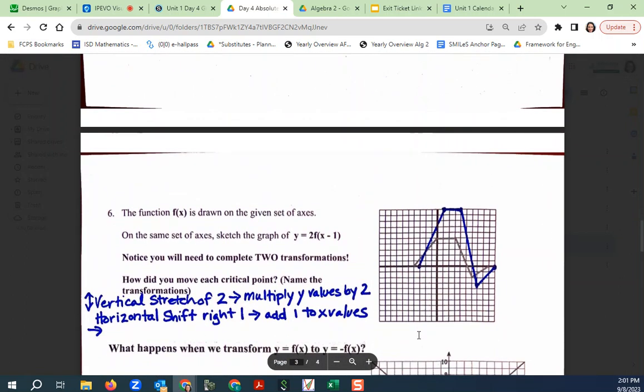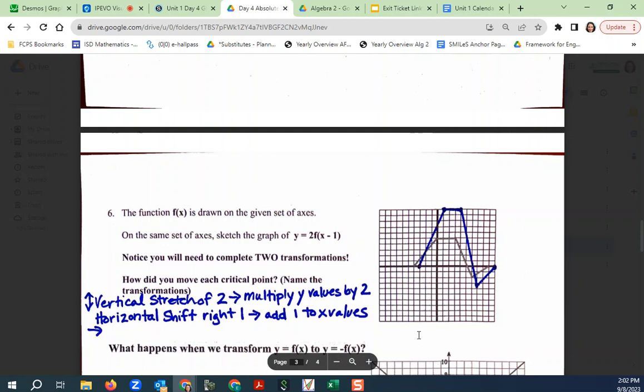So, in this one, we have a vertical stretch of 2 and a horizontal shift right 1. You will not be able to just copy mine, it's too difficult, so let me explain to you how to do that. You can take your corner point and you shift it right 1. Then you look and see what is the y value of that point. How high is it?